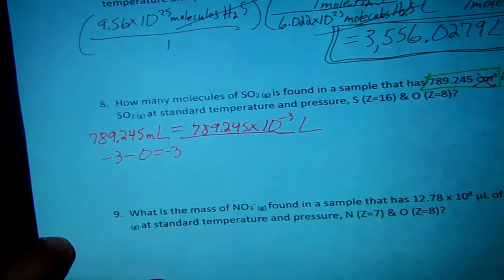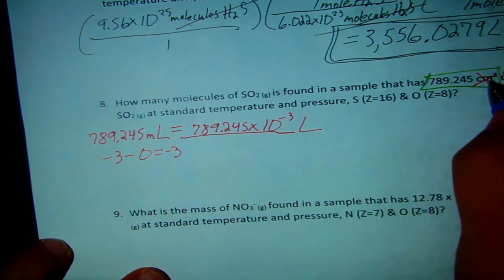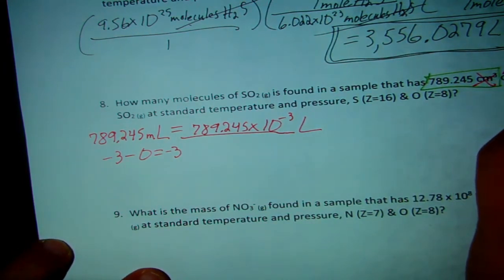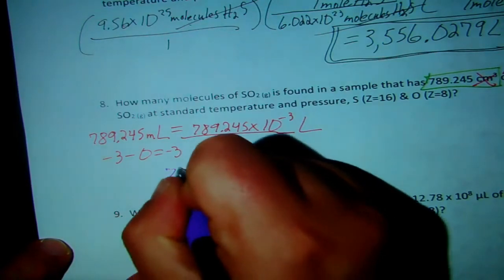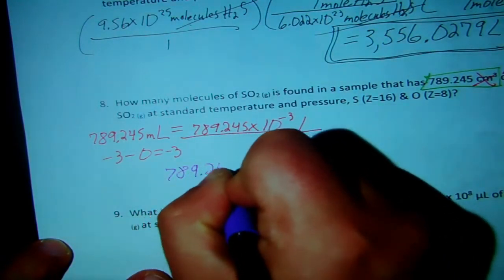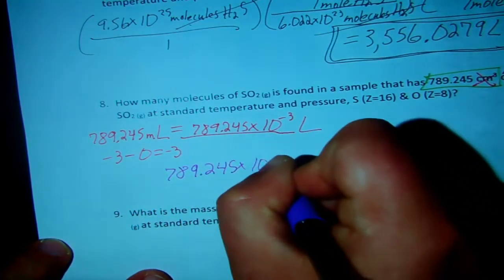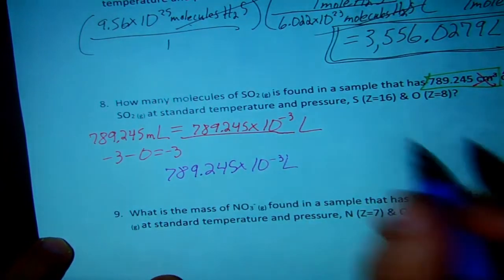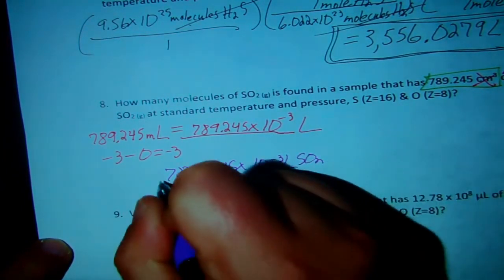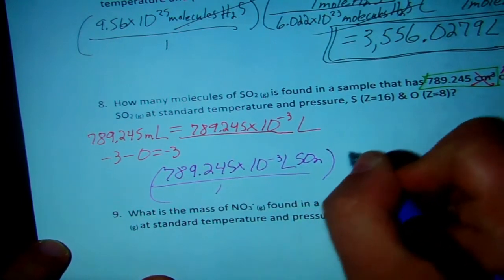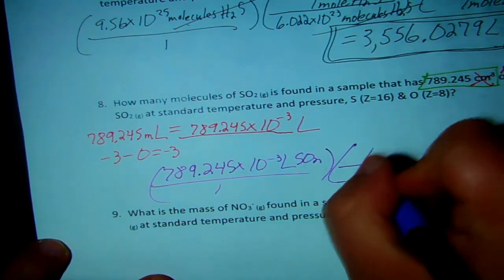Now set your problem up as you always have and just work it through like that. That was the trick, but remember, centimeters cubed, there's a trick inside the trick. So 789.245 times 10 to the -3 liters SO2. I need to get rid of that. I need moles first.